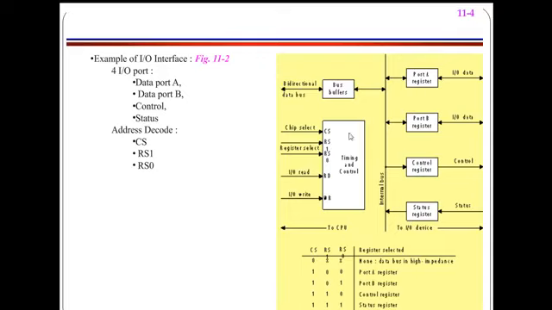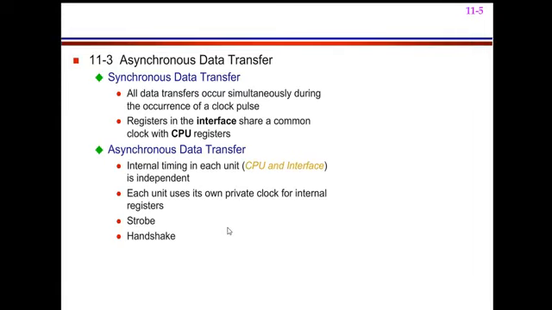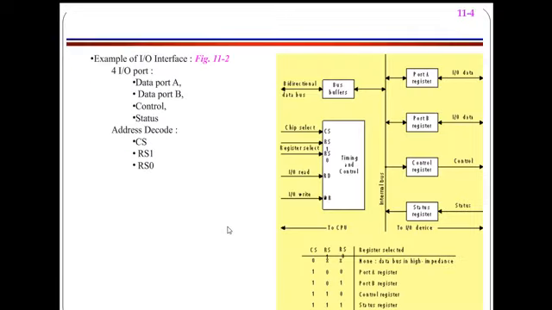It is a general description. Based on that, that particular register value will be placed on the internal data bus. From the internal data bus, it is moved out to the external processor, that is, to the CPU. This is your I/O interface module.